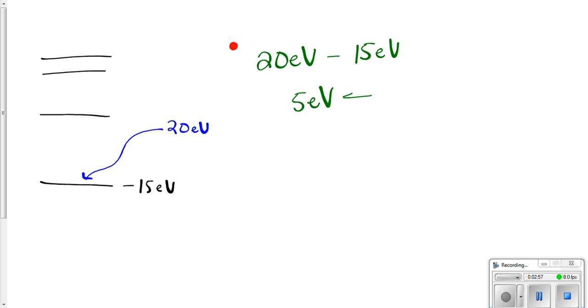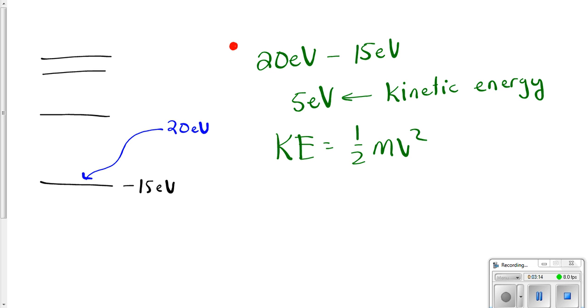So this 5 left over is now the kinetic energy within that electron. And once we have kinetic energy, if you remember, we can use that to calculate the velocity of that electron. Mass of the electron is constant, so whatever energy is left over goes into speeding it away.